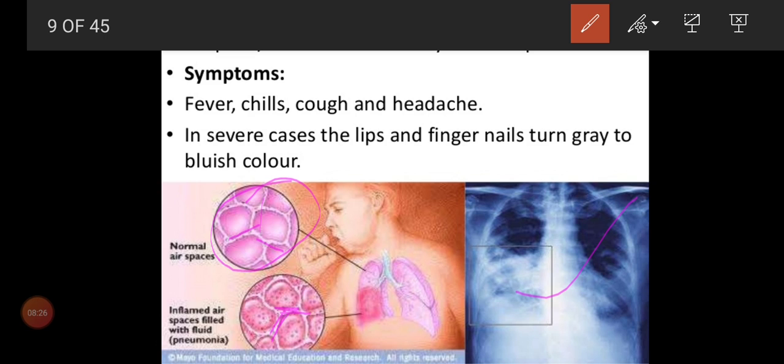It can be done by a well advanced, well trained doctor or well trained nurses. For that they should give anesthesia. With this procedure they also take mucus and examine the infected part.